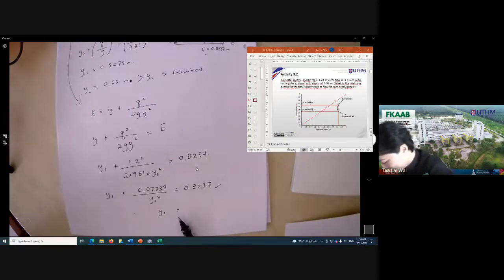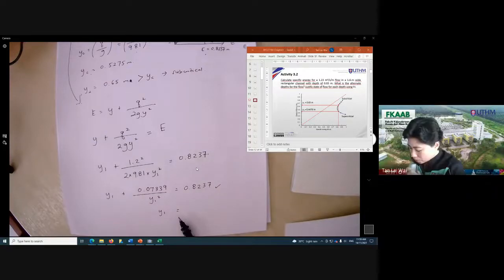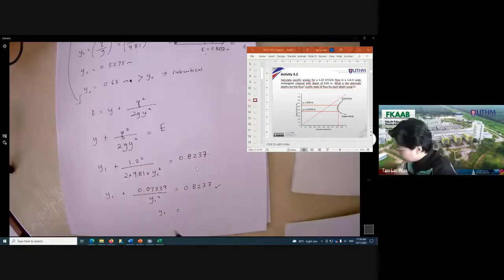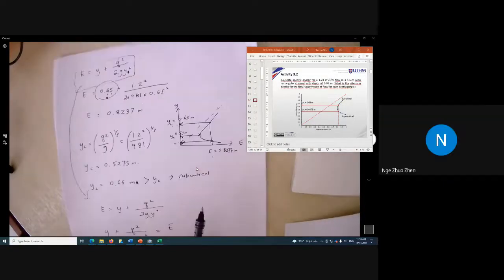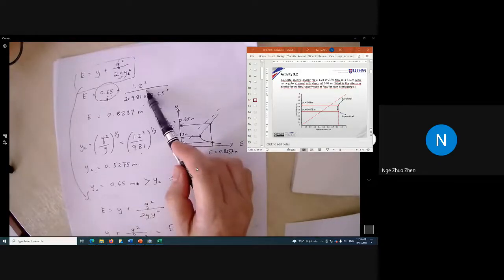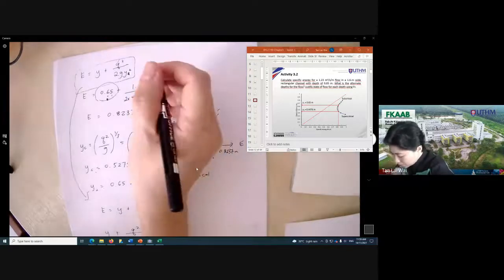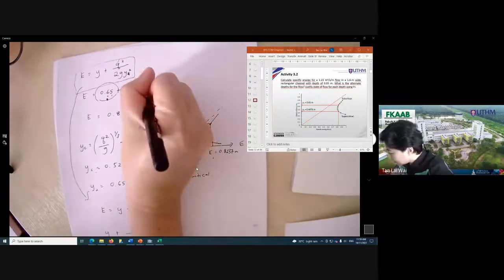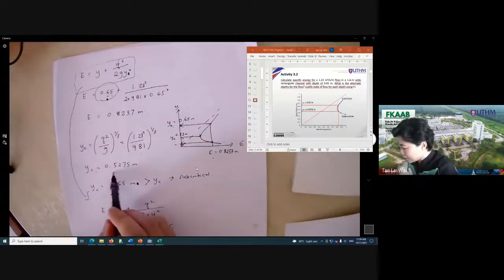Doctor, from the top, you write Q is equal to 1.2, so you get a different value. Oh, I'm sorry. It should be 1.23, is it? Okay, this is 1.23. How about this value here?